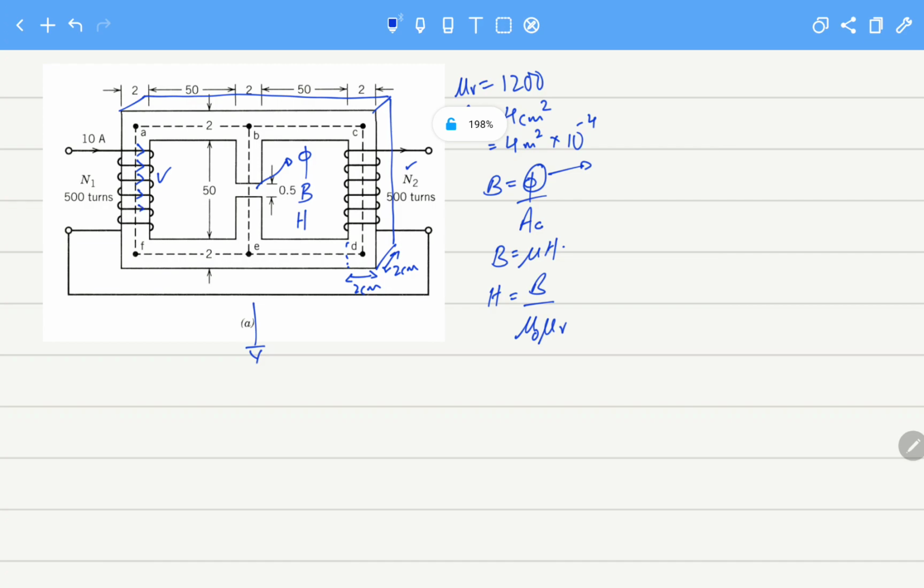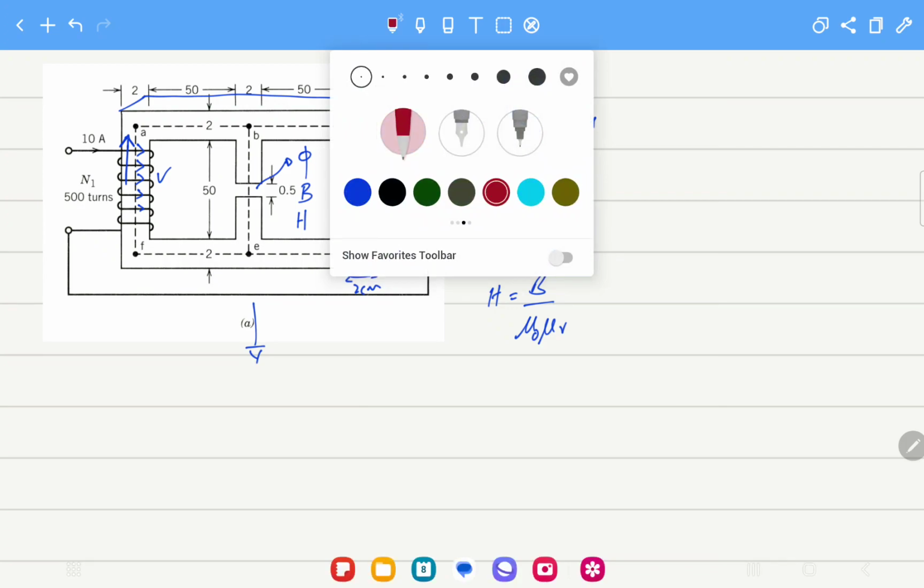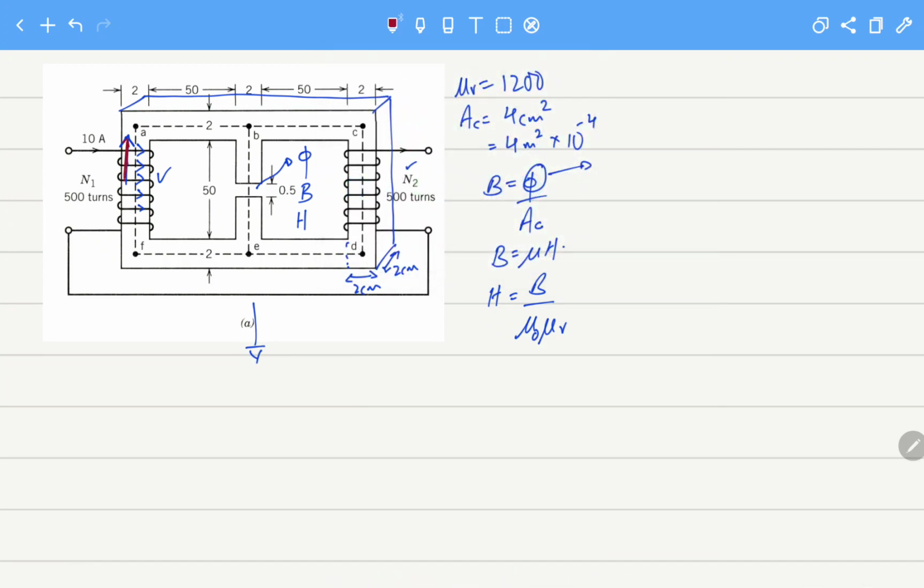So if you can see, the fingers will curl, and where is the direction of our thumb? It is upwards. The direction of the flux that will be produced in this coil will be upwards.